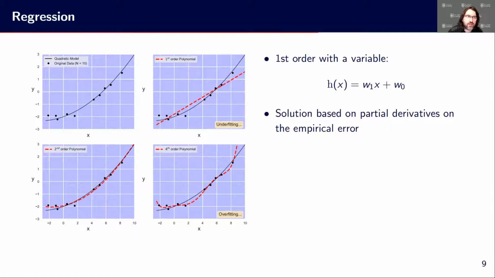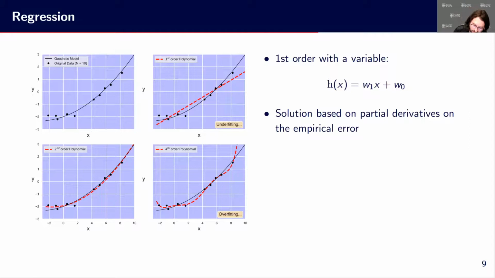We can do regression in many ways. We can do what we call polynomial regression. Basically, the h model is represented as a polynomial of order something. So with first order polynomial, we have something like this. In fact, it is in 1D in terms of the input. So we have 1D input, 1D output.